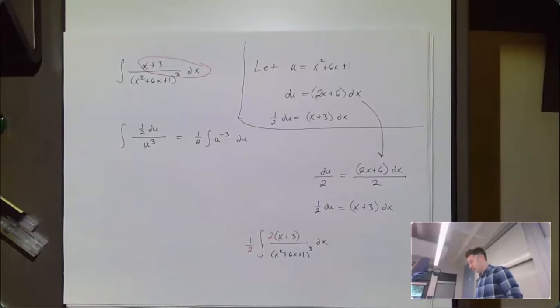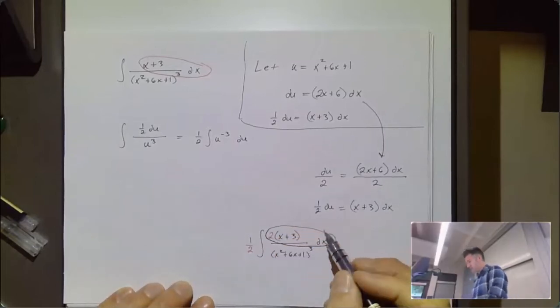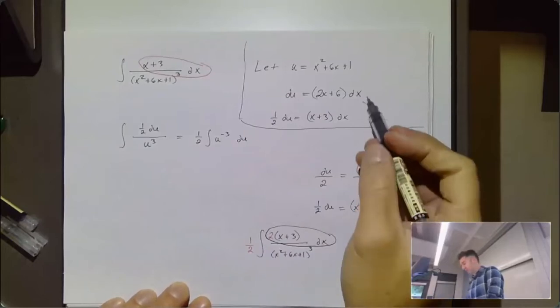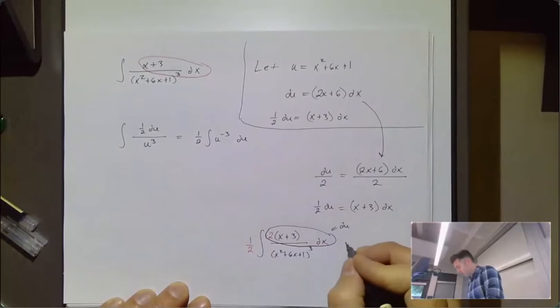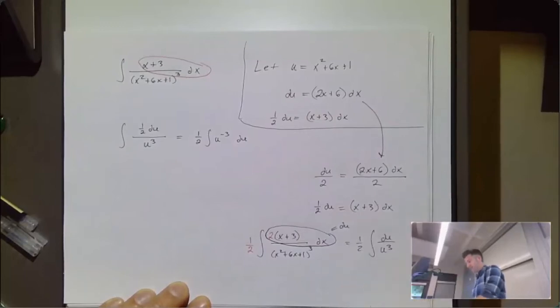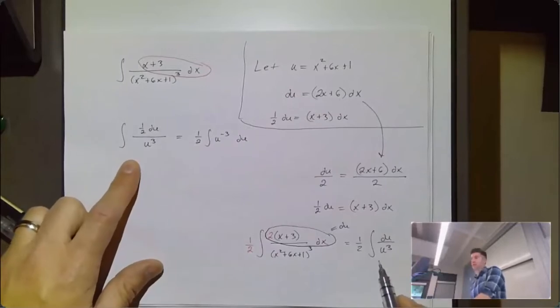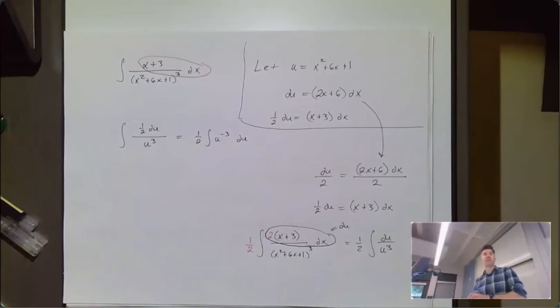So that now this top part here is 2x plus 6 times dx, which is exactly equal to du. And then I would have had 1/2 integral du over u cubed, which is exactly the same as that, just written a little differently. Either way is fine. Do what works best for you. I'm showing you what works best for me because that's what has always worked best for me.